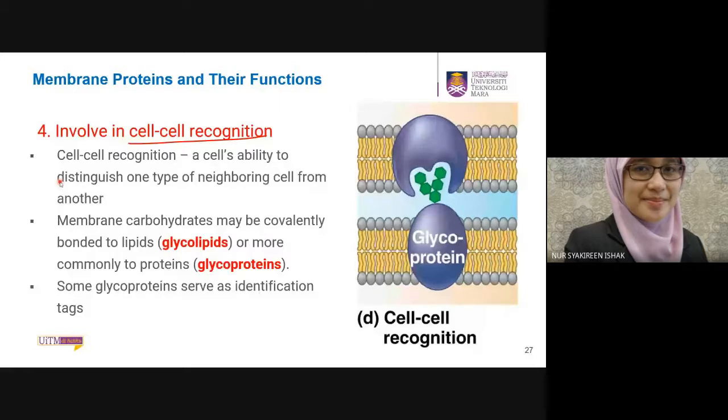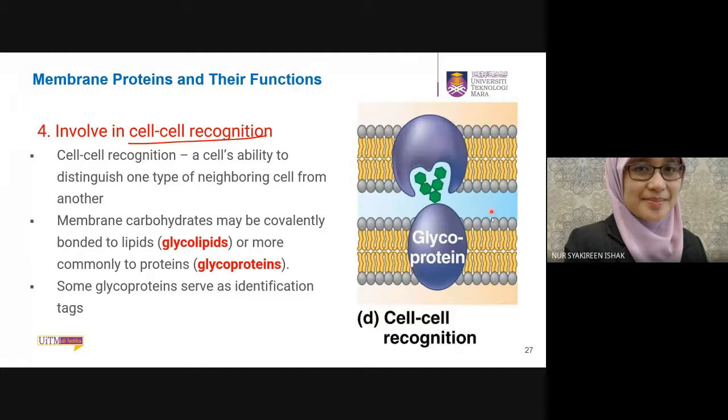Membrane carbohydrates may be covalently bonded to lipids, which when the carbohydrate binds to lipid, we call it a glycolipid, or the carbohydrate can bind to proteins, in this case the protein here, to form the glycoprotein. Remember the binding of this carbohydrate must be on the outside, facing outside of the cell.